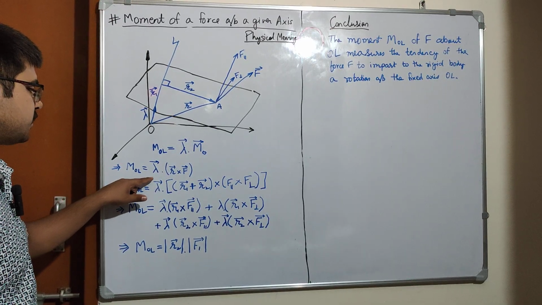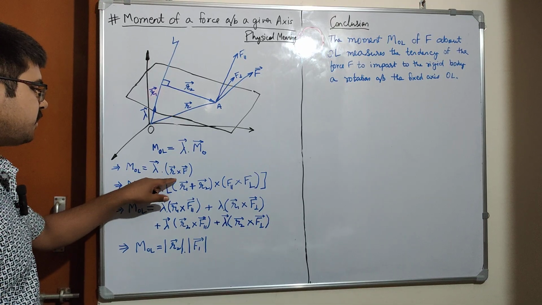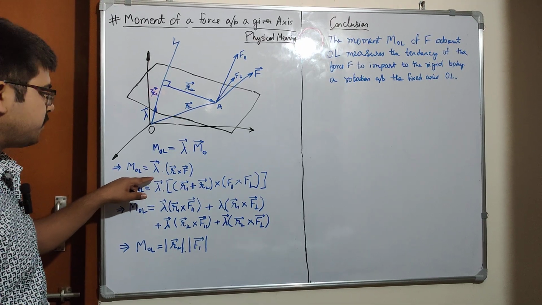MOL is equal to lambda vector dot R vector cross F vector, that we had done in the previous lecture.